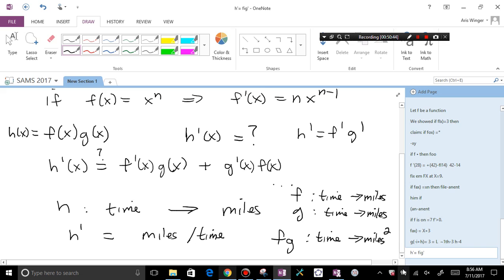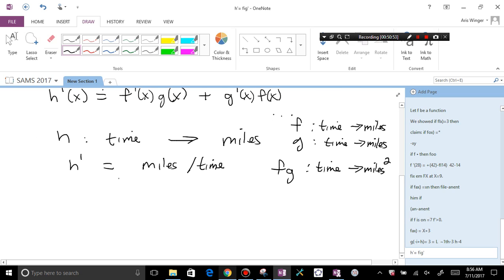Questions on that? Because it's just miles times miles. And therefore, when we do the derivative of f times g, what are the units? Miles squared per time. Those are the units that you need to have.